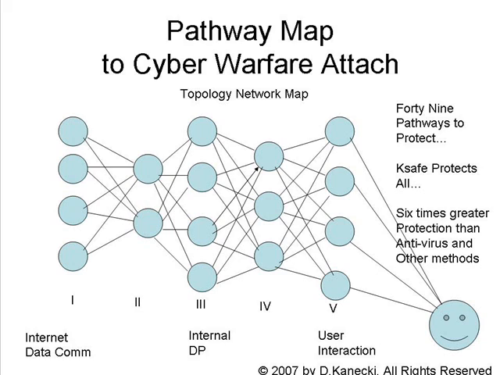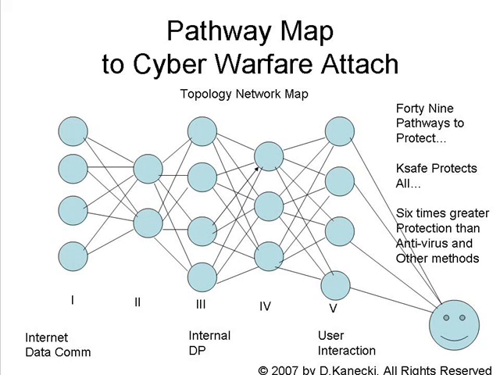Now, when you consider the pathway as to how information is sent to the actual recipient, the smiley face on the pathway map, you can see there are many nodes that information can travel through, a set of 5 nodes.